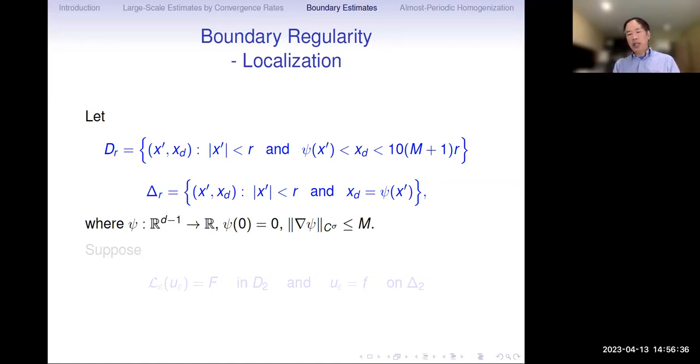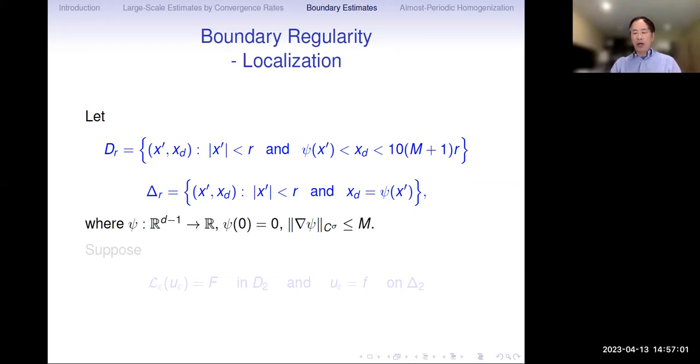But this argument here does not involve correctors. When we measure the Lipschitz estimate, we only measure the distance between the solution and the linear functions. We do not have the correctors involved. So as a consequence, we can still do the regular boundary estimate.